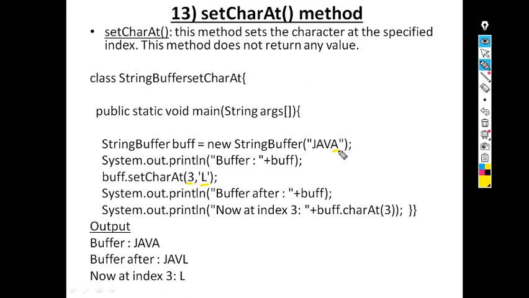This is the third position of your buffer, and here you want to put L. With setCharAt you can do that. So now if you print the buffer after buff, then you will have JAVL. And now if you want to find what is at index 3, you will get L as well. Clear? It's very easy actually.